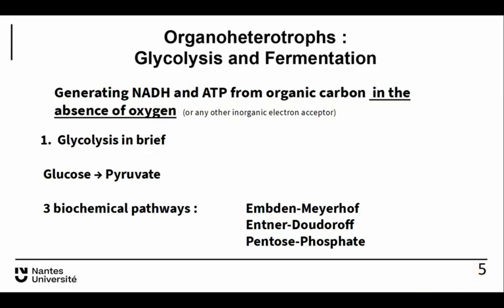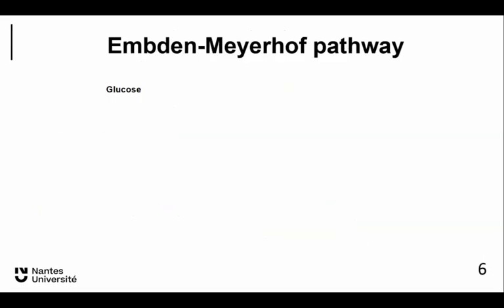So fermentation of sugars starts with glycolysis, which is the transformation of glucose into pyruvate. And then afterwards, the pyruvate is going to be used for the fermentation pathway. Now, there are three pathways of glycolysis, which are the Embden-Meyerhof, the Entner-Doudoroff, and the pentose phosphate pathways.